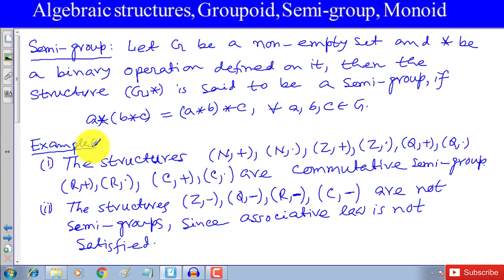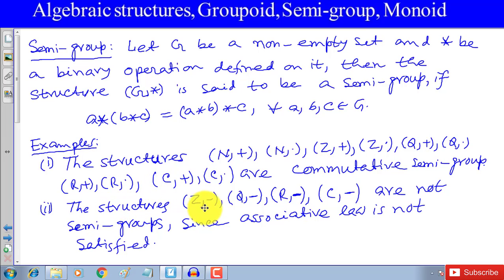Examples: the structures (N, +), (N, dot), (Z, +), (Z, dot), (Q, +), (Q, dot), (R, +), (R, dot), (C, +), (C, dot) are commutative semigroups, where N, Z, Q, R, C are respectively set of naturals, set of integers, set of rationals, set of reals, and set of complex numbers.